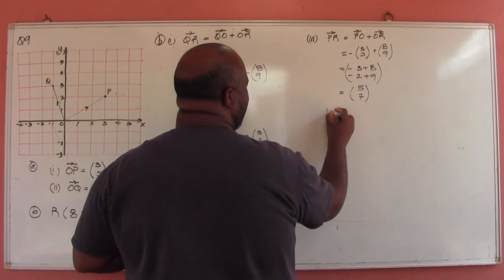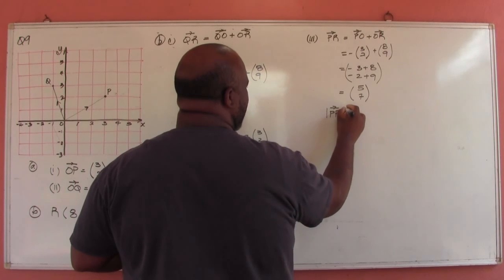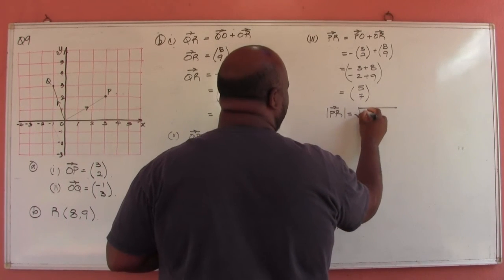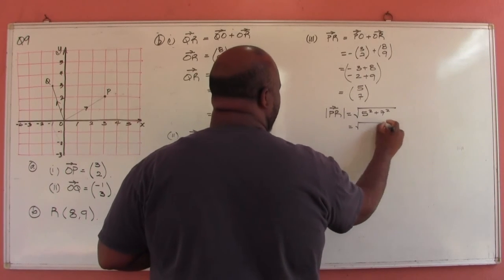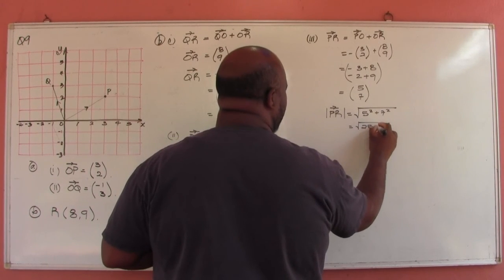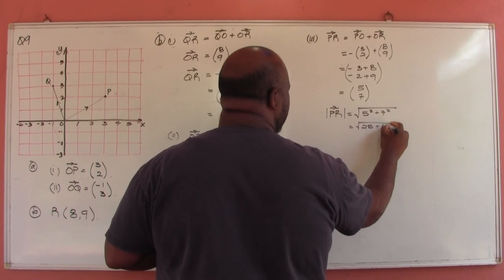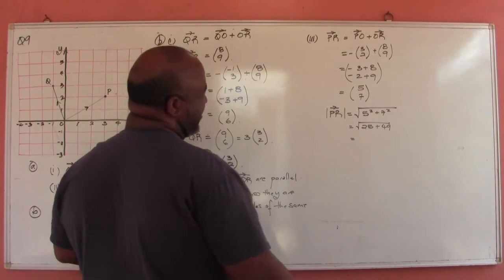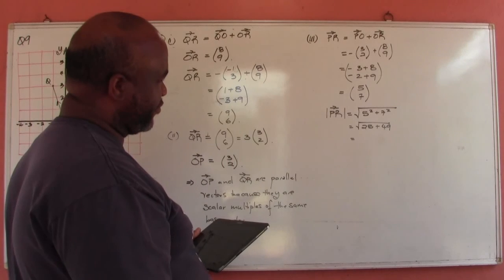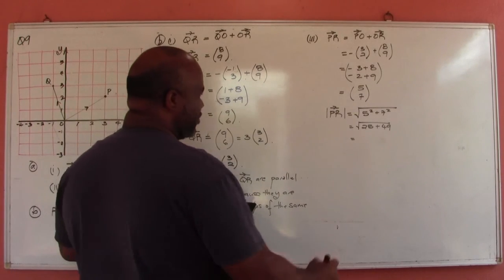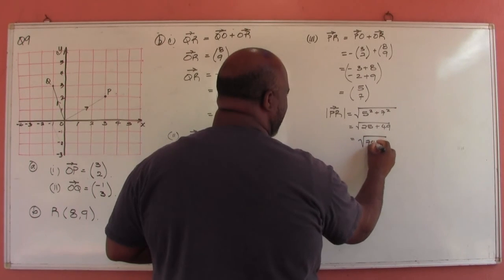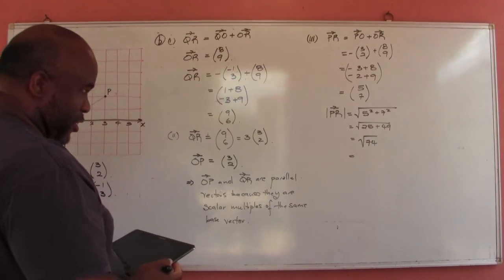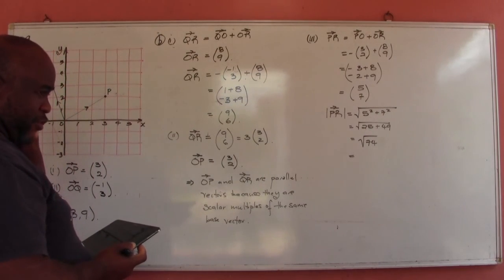So the magnitude of the vector PR would be the square root of 5 squared plus 7 squared. This is the square root of 25 plus 49, so the square root of 74. If we use our calculator, we could easily find the square root of 74.